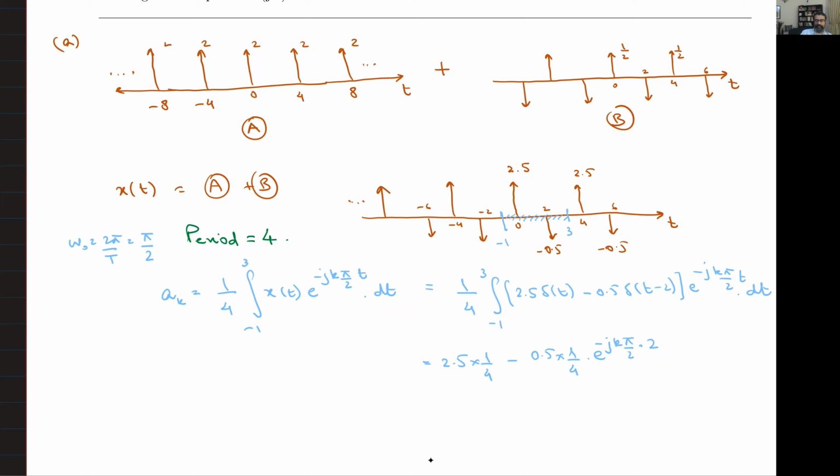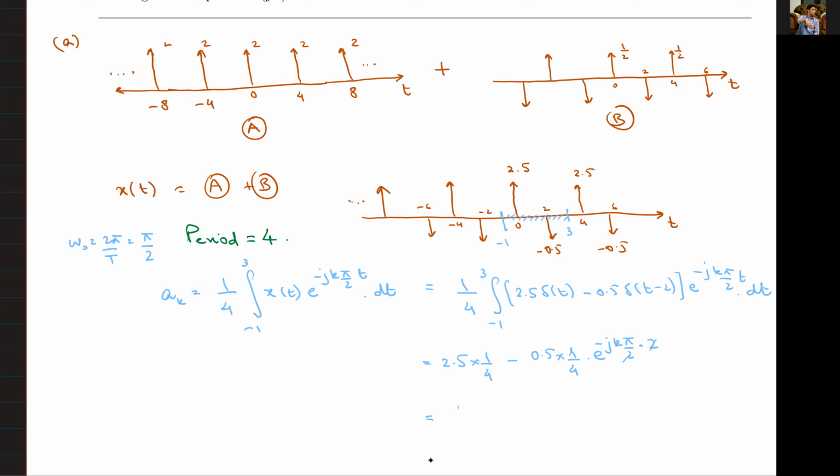I just plug in t equals 2. This cancels and I get e raised to power minus j k pi. What is e raised to power j k pi? It's not 1, it will be -1 raised to power k.